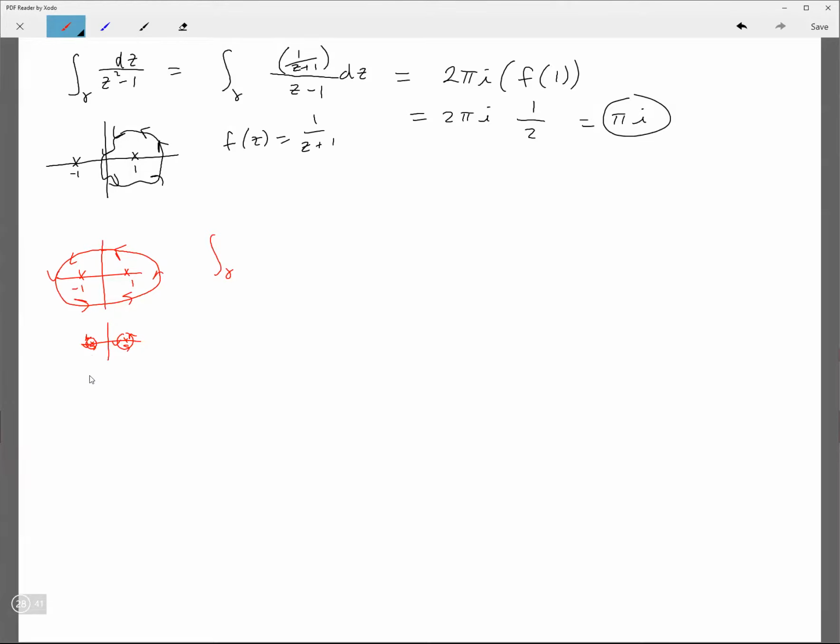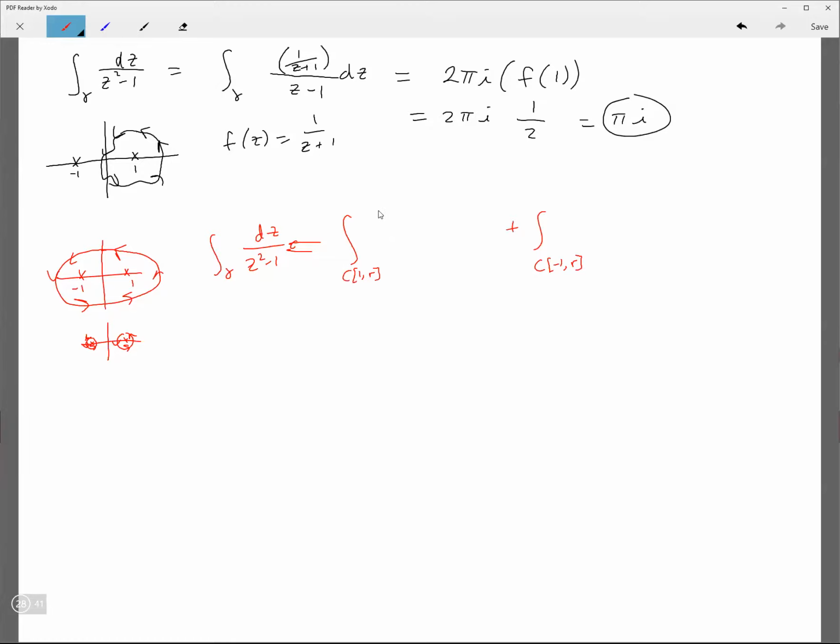You can think of it as going around each point separately, and it will be the sum of two integrals. In the first integral, you'll be going around a really small circle centered at 1 with really small radius, and the second one, you'll be going around -1 with a small radius.